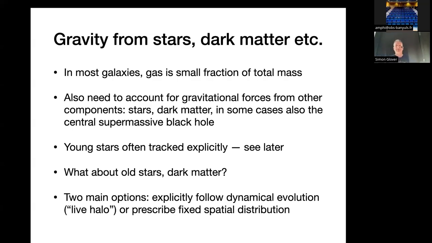What's often done instead, and what's a lot cheaper, is actually just prescribing ahead of time the spatial distribution of these mass components. So if we want to model something like the Milky Way, saying, okay, well, we know what the stellar distribution of the Milky Way is, we know where the bar is, we know what the rotation curve is that we have to match. So we'll put in a mass distribution that represents that.